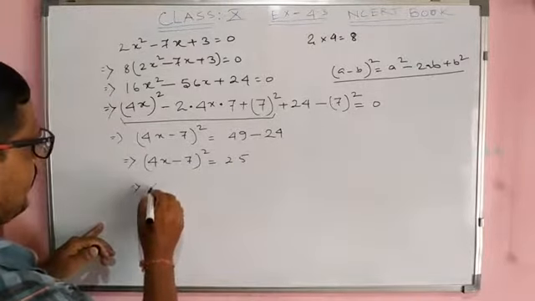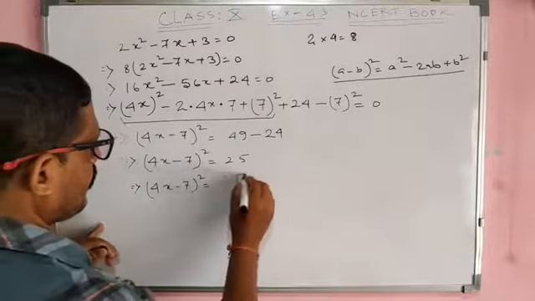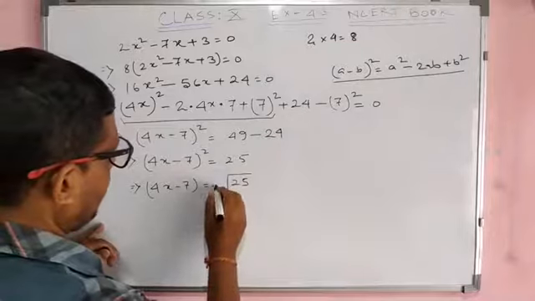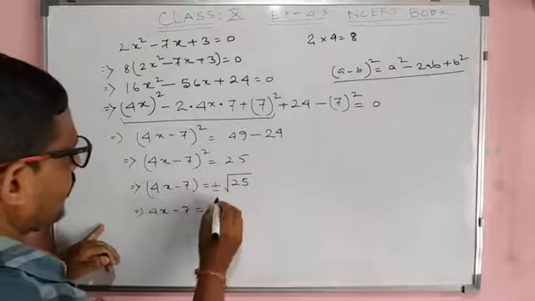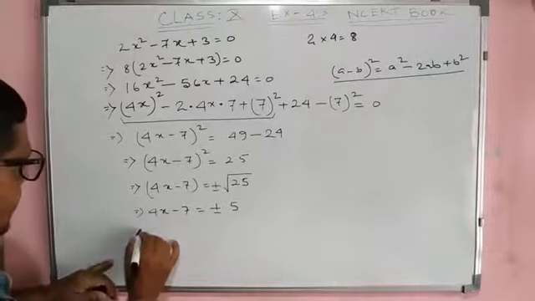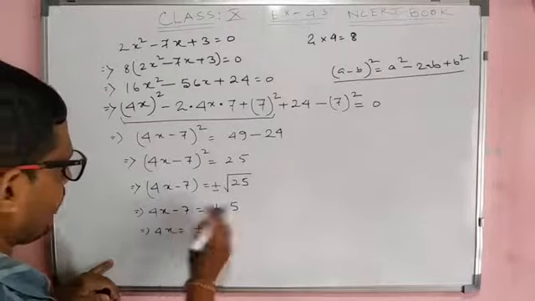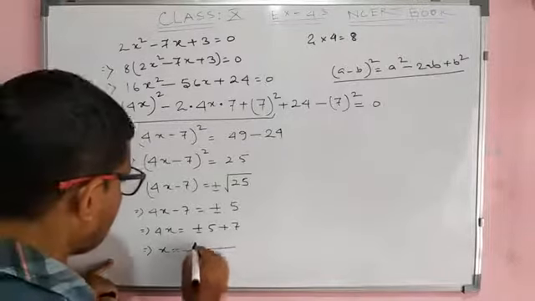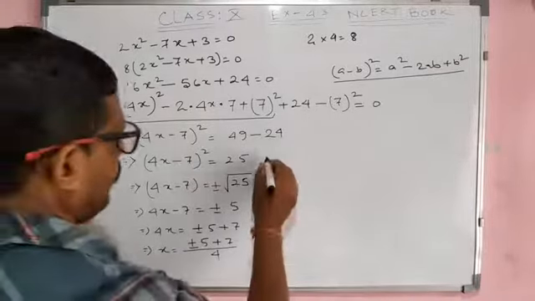This implies that 4x minus 7 whole square equal to 25. On removing the square we get root over 25 with plus and minus. So this implies that 4x minus 7 equal to plus minus 5. Now 4x equal to plus minus 5, and transferring 7 this side, 4x equals 7 plus minus 5. So x equal to 7 plus minus 5 divided by 4.